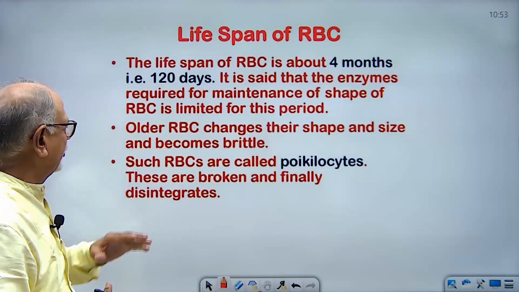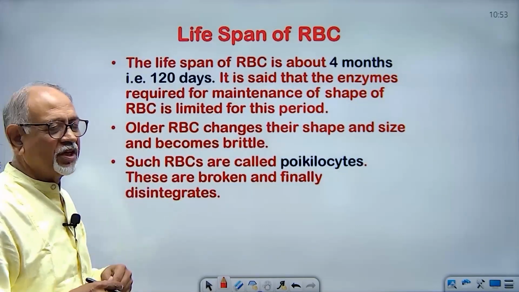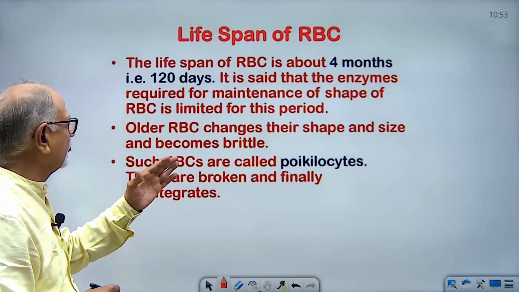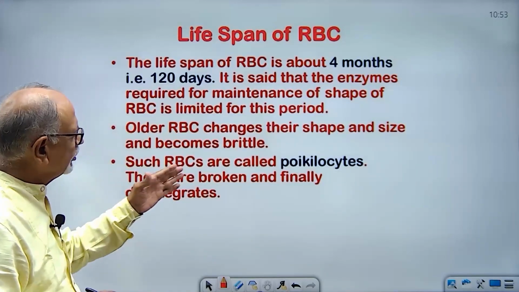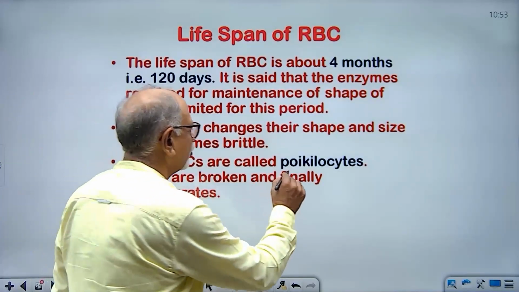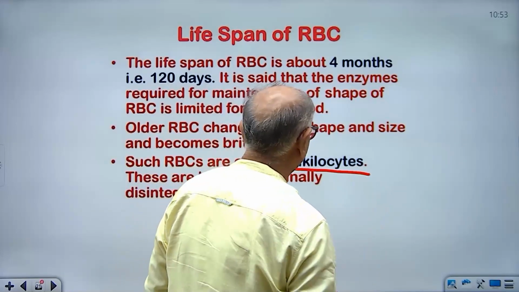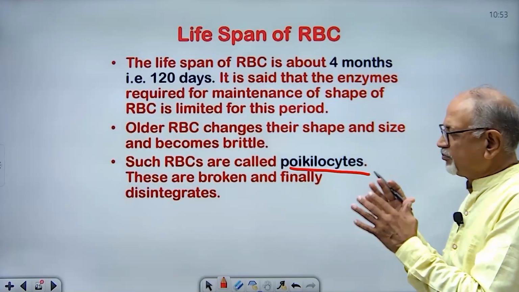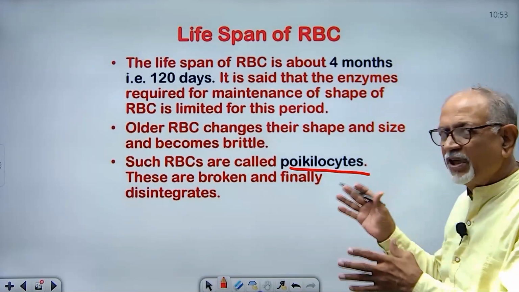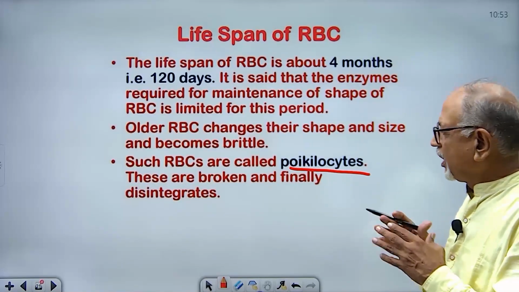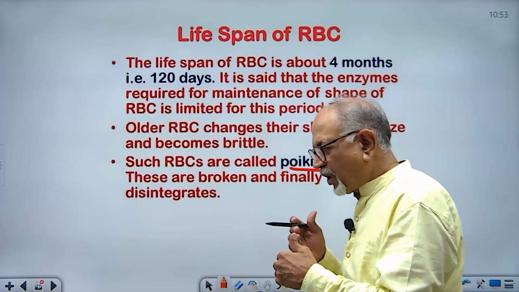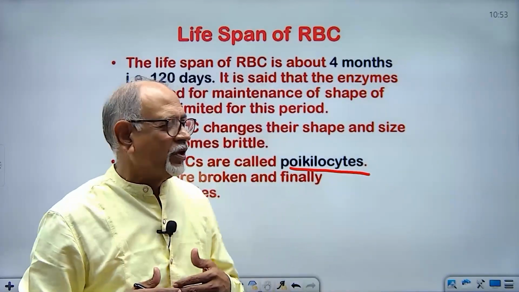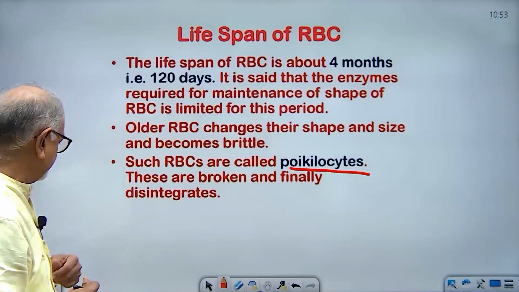Older RBC change their shape and size and become brittle. Such RBCs are called poikilocytes, as I mentioned earlier. Their shape is changed, their membrane gets brittle, and then when they pass through the spleen, they are broken.